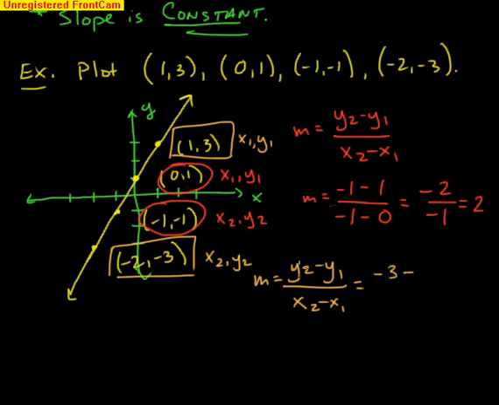Negative 3 minus y1, which is 3, over x2, which is negative 2, minus x1, which is 1. Negative 3 minus 3 is negative 6. Negative 2 minus 1 is negative 3. And then we simplify. We divide. Negative 6 divided by negative 3 is 2.